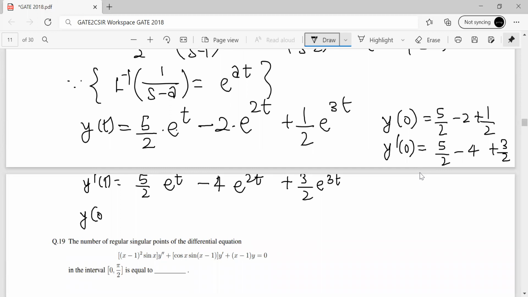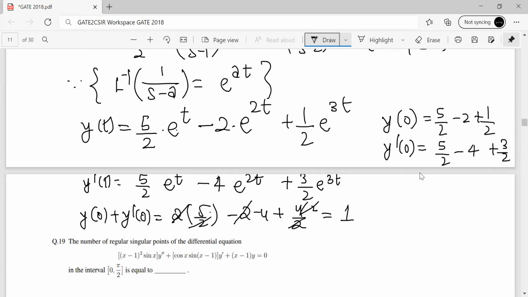So y of 0 plus y dash of 0 will give me 5 by 2 plus 5 by 2, that is 2 times 5 by 2, and minus 2 minus 4 and plus 4 over 2. Once again, did I make any mistake? Yeah, 5 I did not count, so 5 minus 4 will give me 1. So the answer is 1.